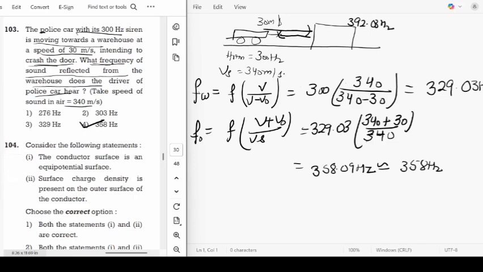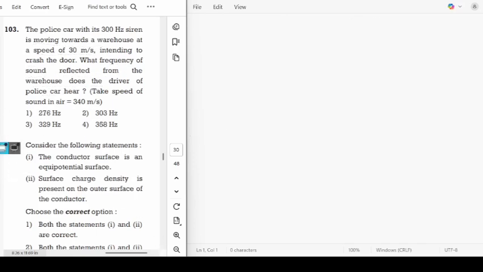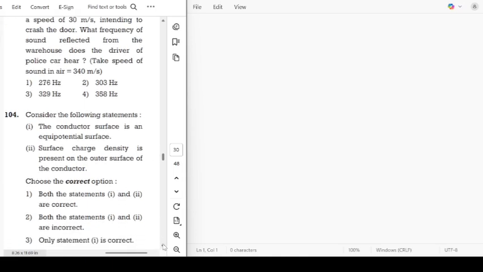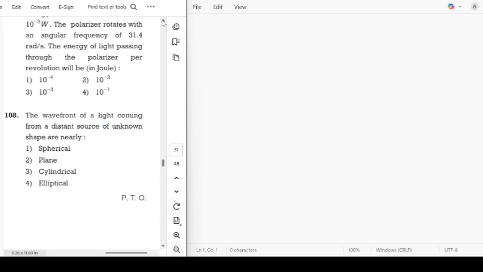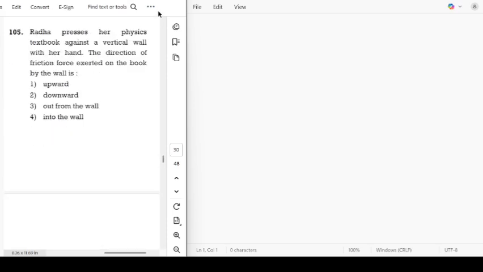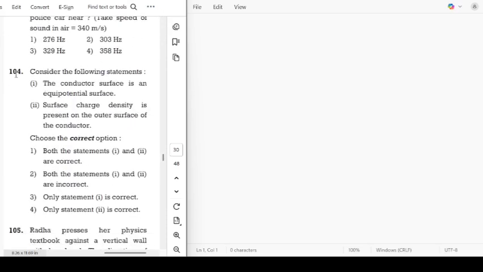Our next question is question number 104. Consider the following statements: the conductor's surface is an equipotential surface, and charge density is present on the outer surface of the conductor.